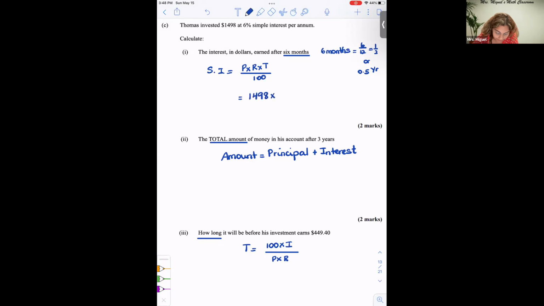1498 multiplied by 6 by 0.5 divided by 100. The answer, $44.94.